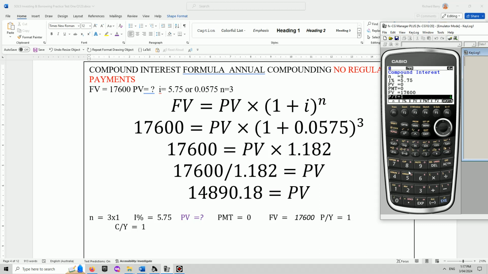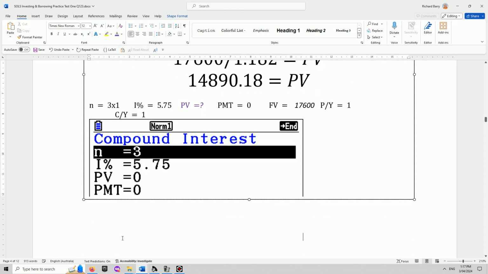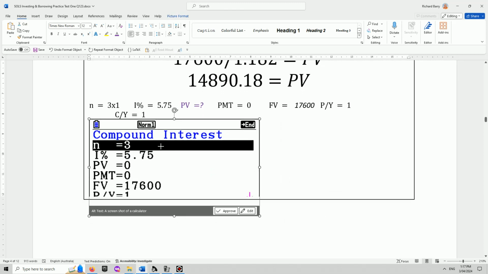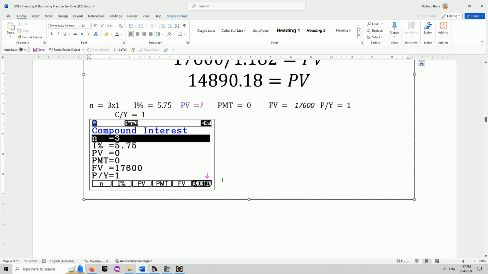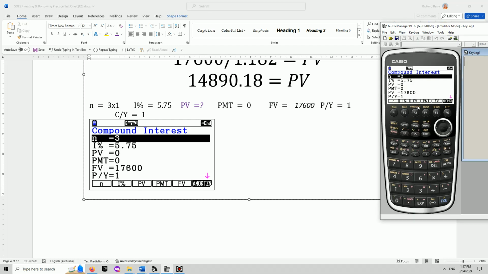Because of the way the question is, this is 1 and it compounds once per year. To find PV, because that's what I'm looking for, I press the button underneath, which is F3. And there's PV, very similar to my number.